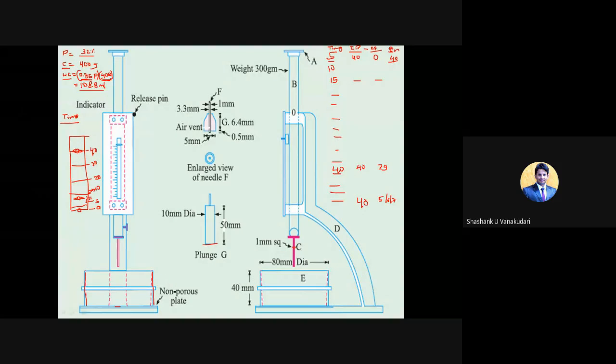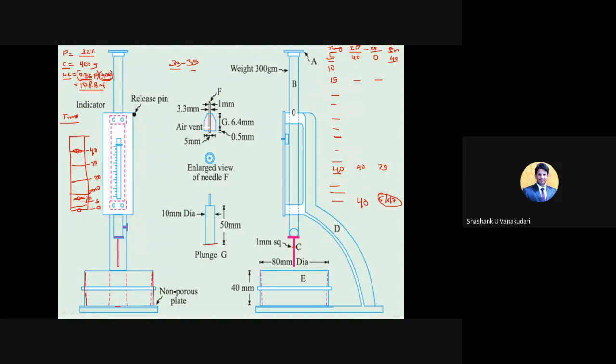Clear? So when it touches these readings, you will get your penetration value as 33 to 35. Correct? Because 40 minus 5 is 35. 40 minus 6 is 34. It is in between the range, that is 33 to 35. And then 40 minus 7 is 33. Clear?